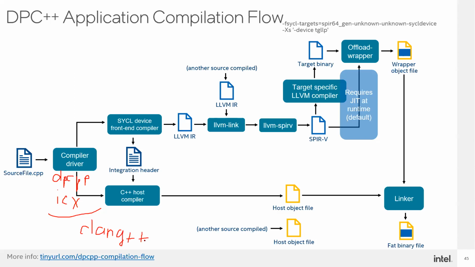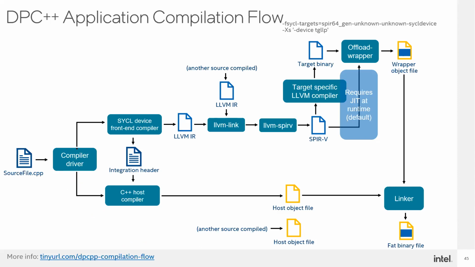Just make sure that you are passing all the required options like -fsycl, and -fsycl-unnamed-lambda if you are using this feature to avoid the explicit naming of lambda functions in the kernel invocations, and so on. So it's up to you to decide. But the benefit of using DPC++ is that it has all the required paths set as -I, -L options, and it has all the required -fsycl options set by default.